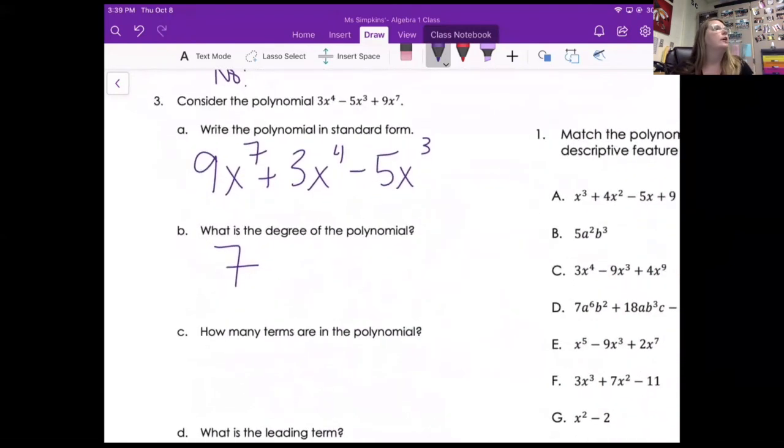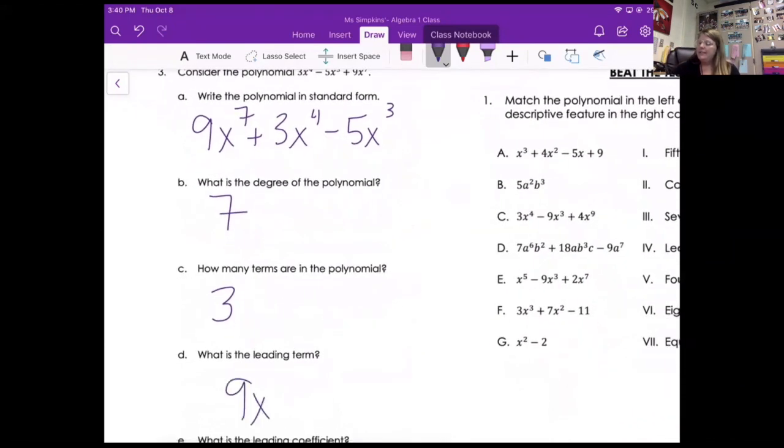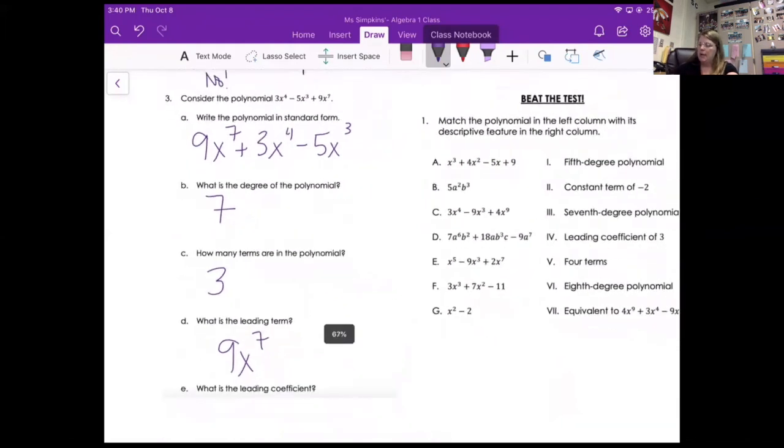It is a trinomial, so there are 3 terms. The leading term is 9x to the 7th. So the entire first term is considered our leading term when we write it in standard form. And what is the coefficient of that term? It's 9. Just 9. Good.